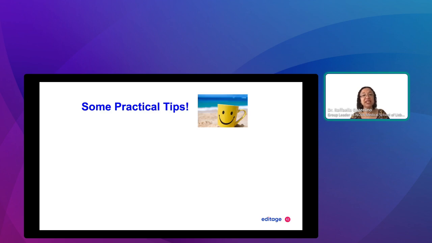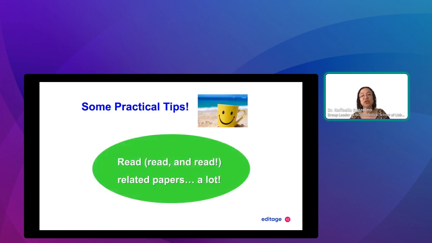So here are some practical tips, and this is the most important advice that I can give to you. Read and read papers in your field, or in fields that are related to your areas of expertise, a lot, because that will allow you, first of all, to understand how papers are written, to gain more knowledge of the field, and also to improve your ability of writing scientific reports, regardless of being a manuscript or a thesis proposal.